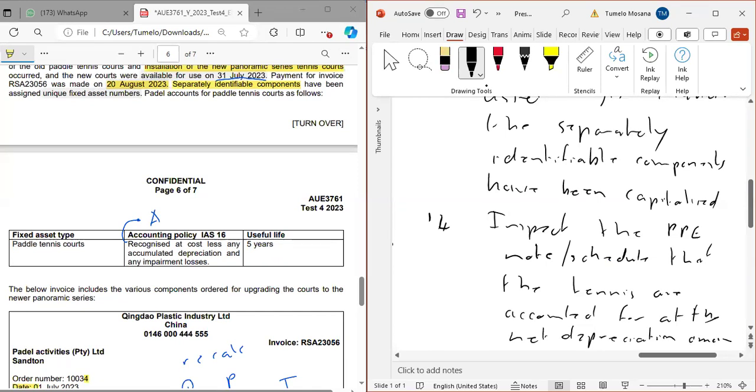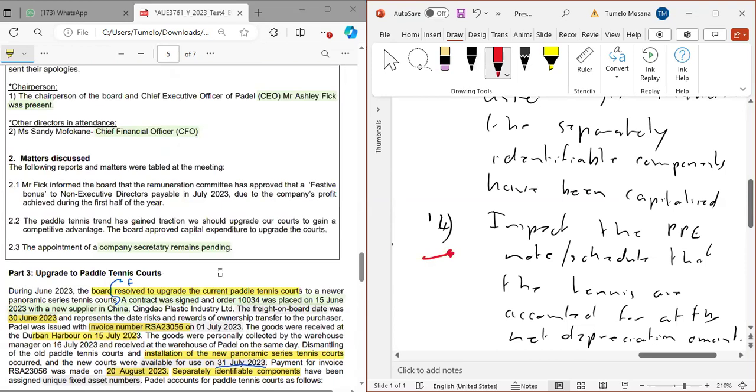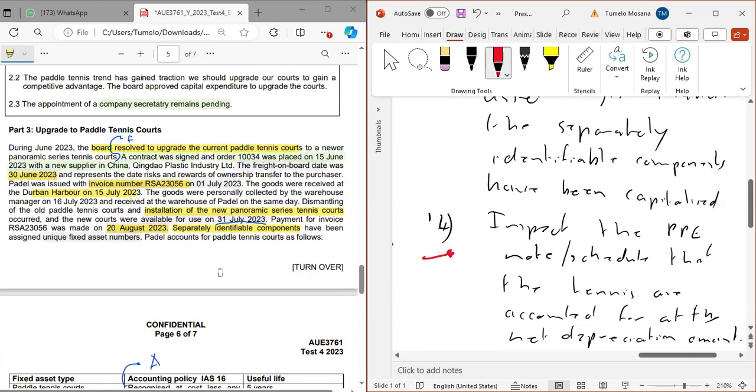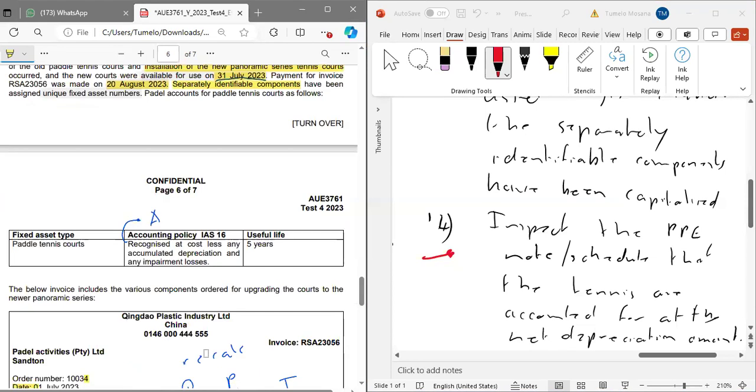The only problem with this statement is that it would be us reaching, right? Because the only thing that makes this point not be marked is the fact that those were ready and available for use at year end, meaning that we would not have accounted for depreciation as yet.